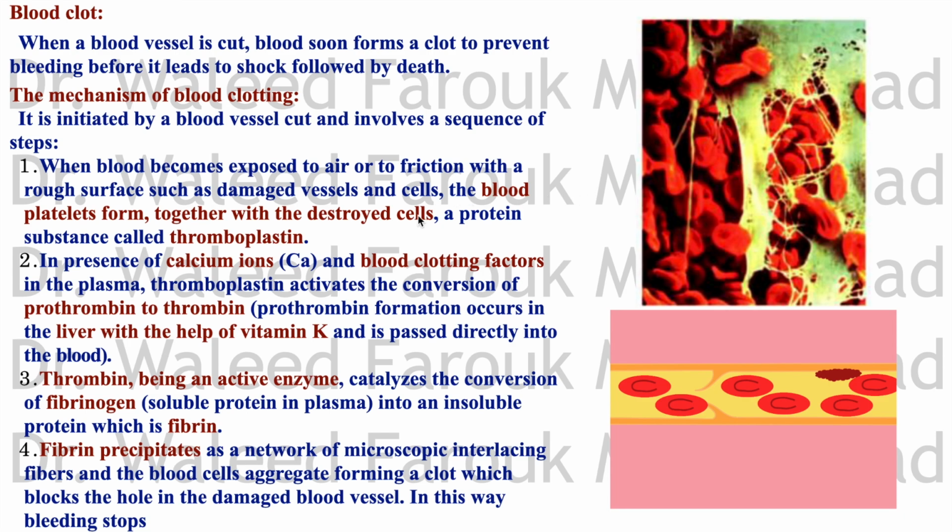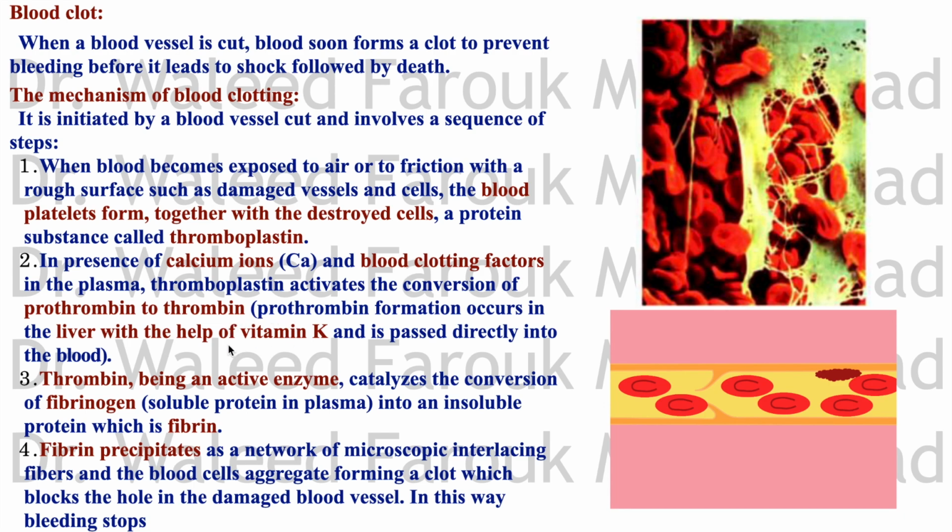So again, what happens to form a blood clot? From the injured tissue and platelets, thromboplastin is formed in the presence of calcium ions and blood clotting factors. This thromboplastin will activate prothrombin into thrombin.